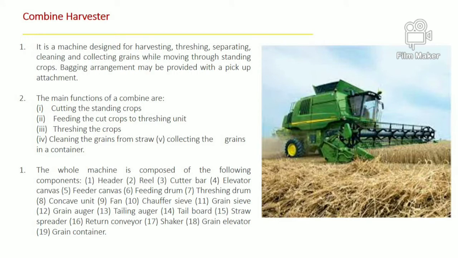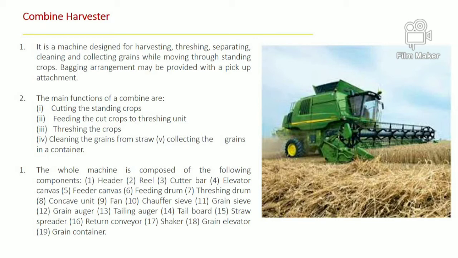Combined harvester. It is a machine which is designed for harvesting, threshing, separating, cleaning and collecting grains while moving through standing crops. Bagging arrangement may be provided with a pickup attachment.